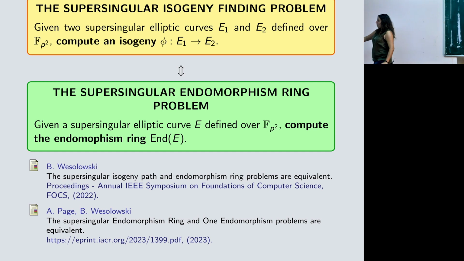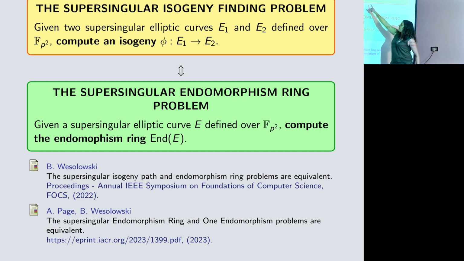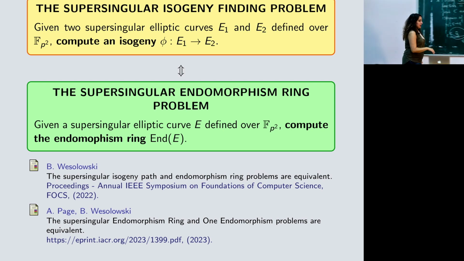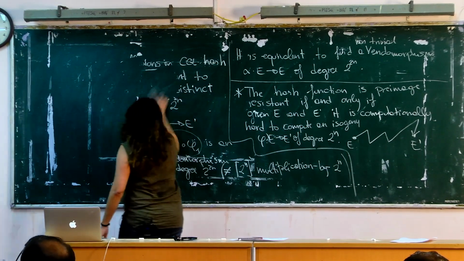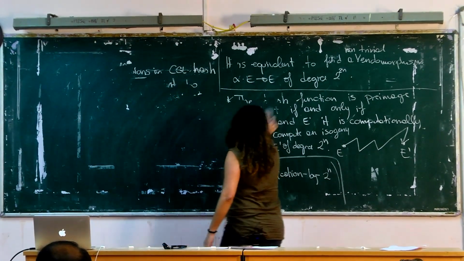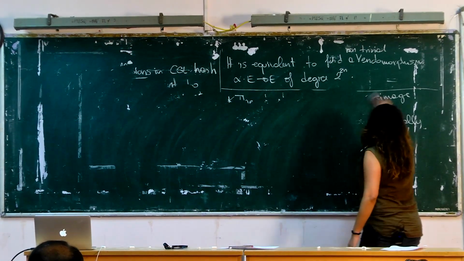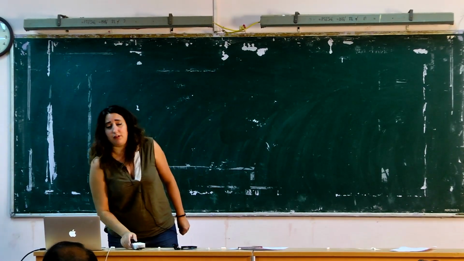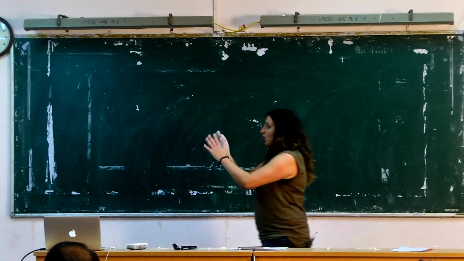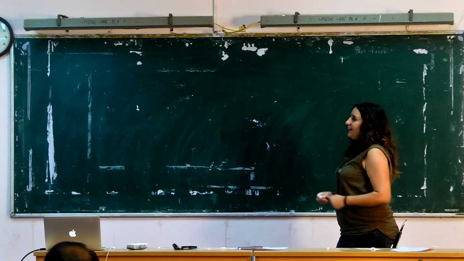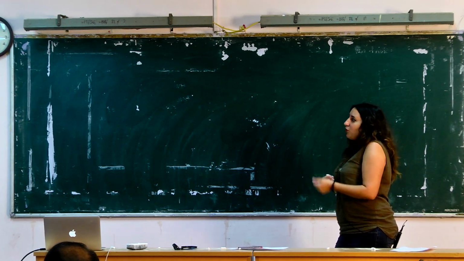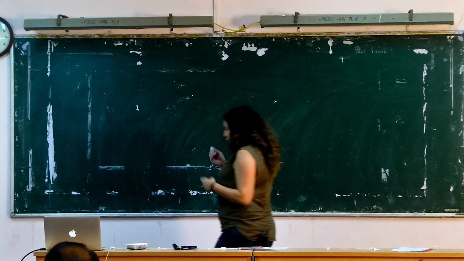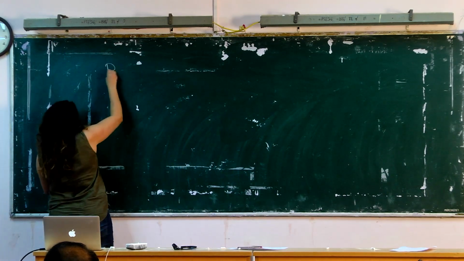So if I am able to compute both endomorphism rings of E1 and E2, I am able to find the isogeny. And specifically, in the context of the protocols that are maybe the most studied nowadays, you will hear about the Deuring correspondence.